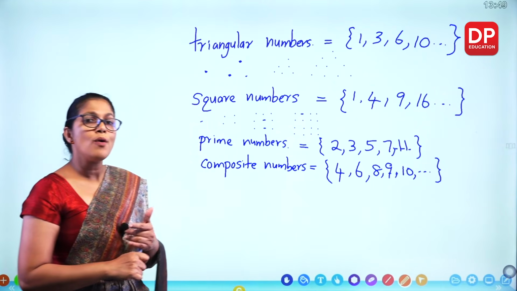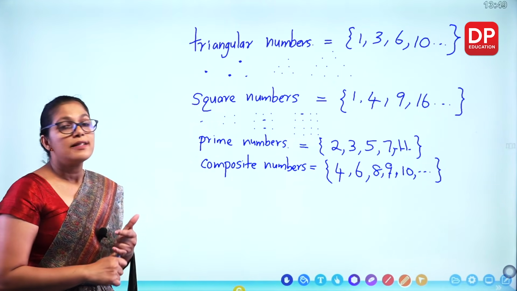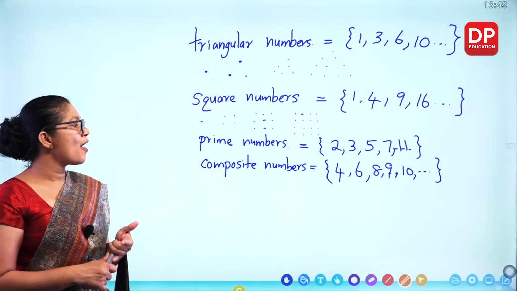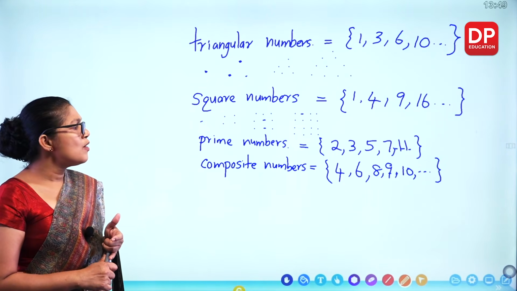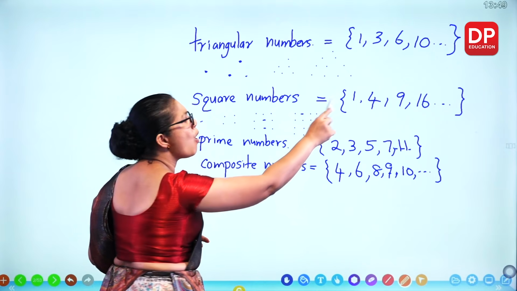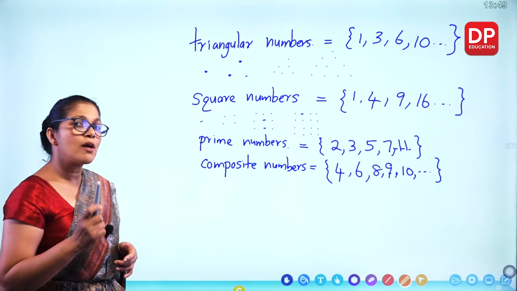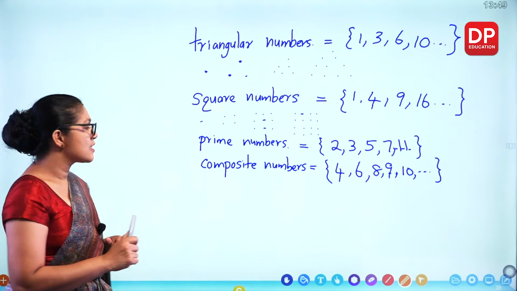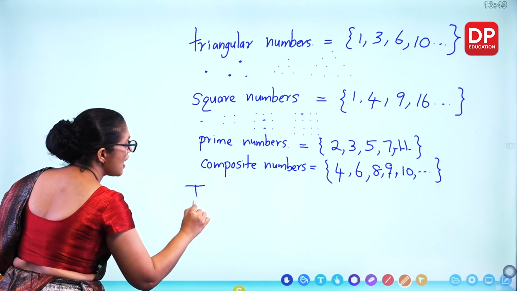So you now know several kinds of natural numbers: even, odd, square, triangular, prime and composite. Then when you take all these whole numbers, we call another set integers. So you need to know what integers are.